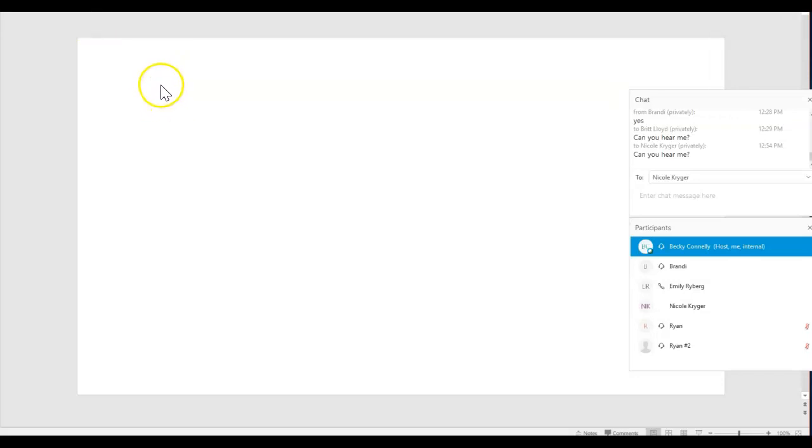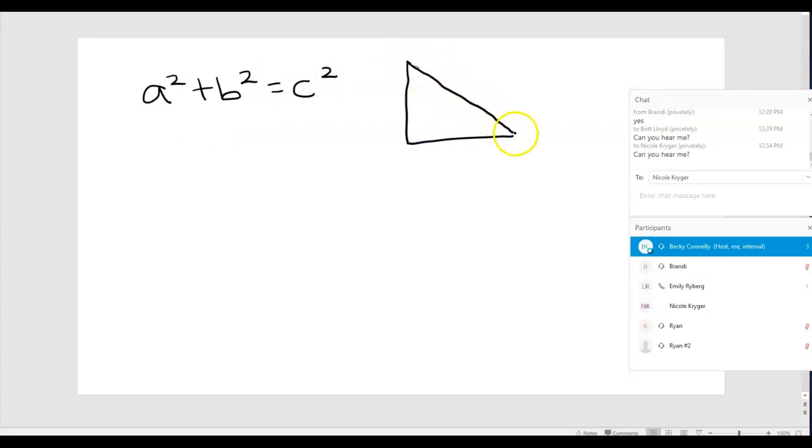All right, let's also look at one using the Pythagorean theorem. The Pythagorean theorem says a squared plus b squared equals c squared. And you can only use the Pythagorean theorem for a right triangle, so one of the angles has to be a 90-degree angle.